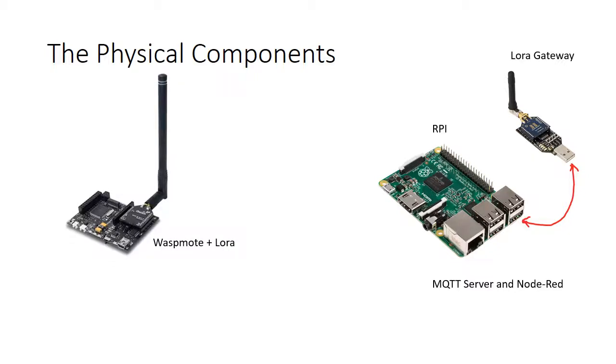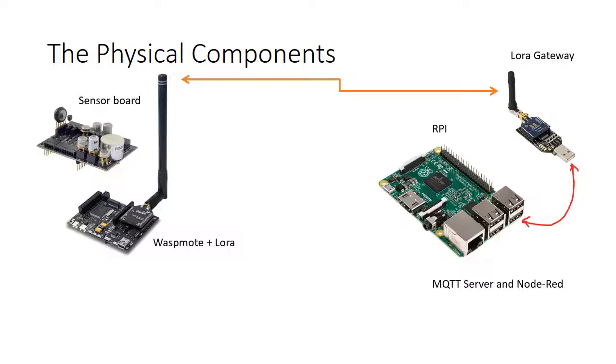Transmitting the LoRa information is also a Waspmote with a LoRa module plugged into that. And on top of the Waspmote board, we have a sensor board, and we're reading the information from our sensors and pushing that across the LoRa link itself.